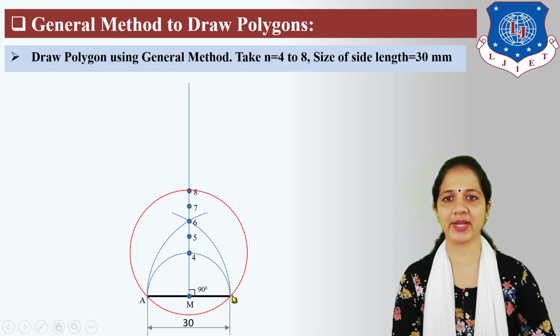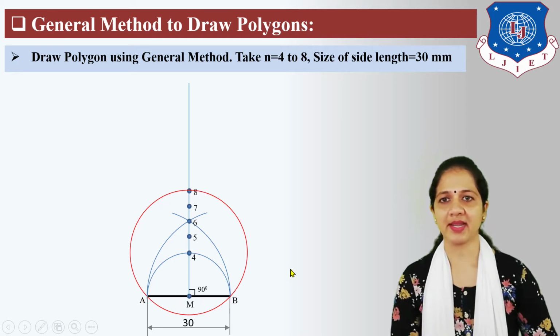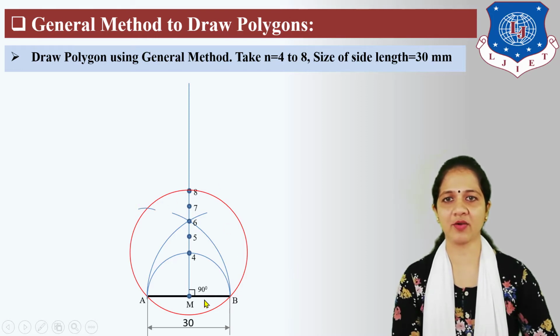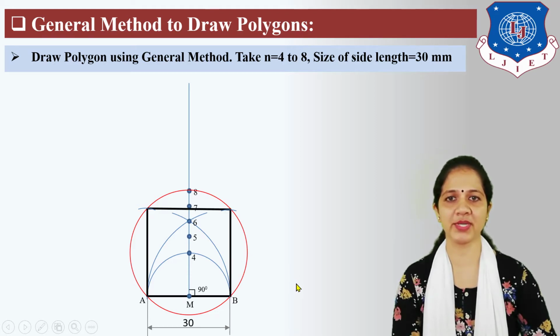For the remaining 2 points, take radius 30 mm, equal to the side length of the polygon, center A, and cut one arc on the square circle. Similarly, take center B and cut another arc on the square circle. Connect all these intersecting points in proper sequence and complete the square.